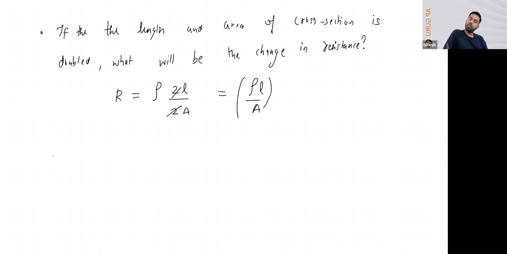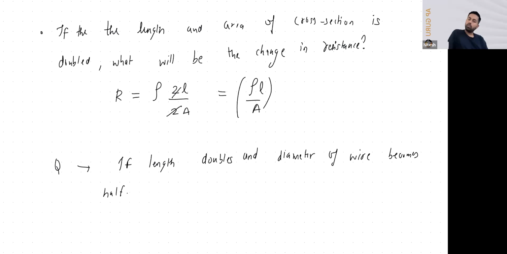Now the next part of the question. If the length doubles and the diameter of the wire becomes half, what will be the new resistance?